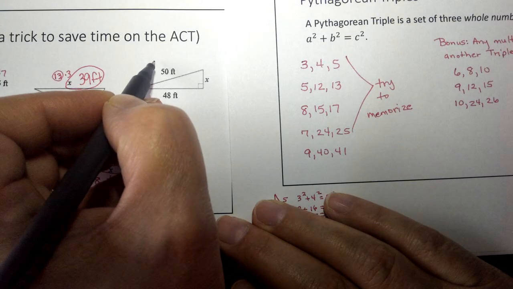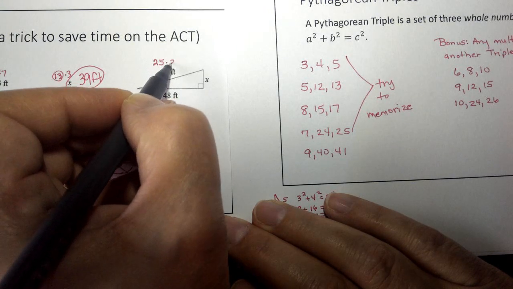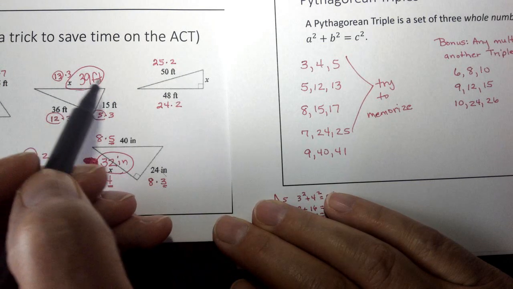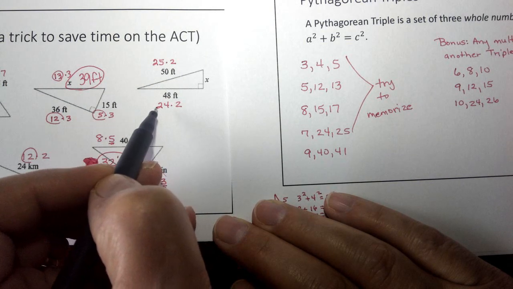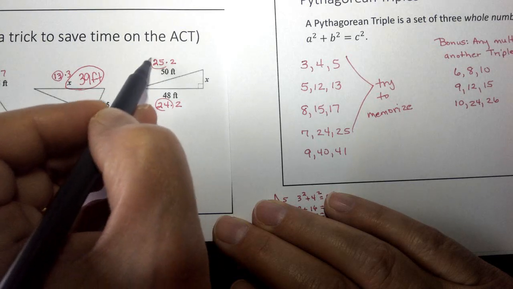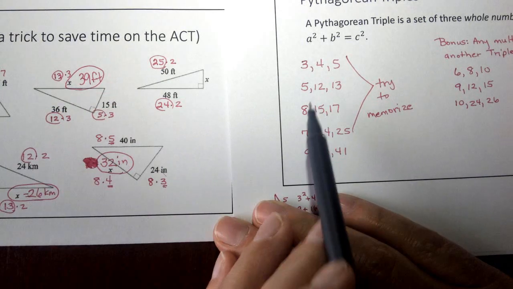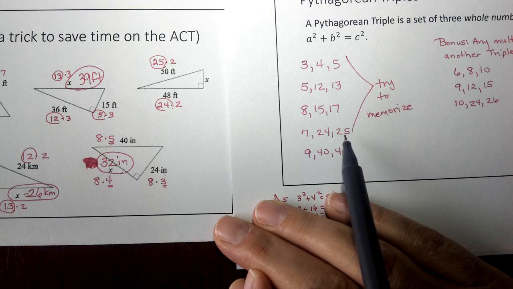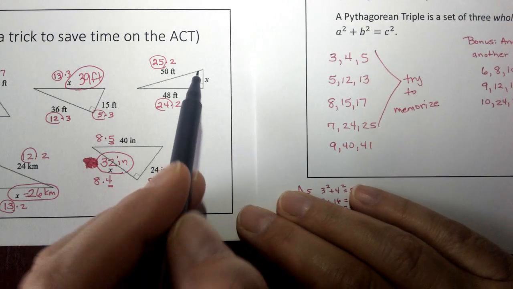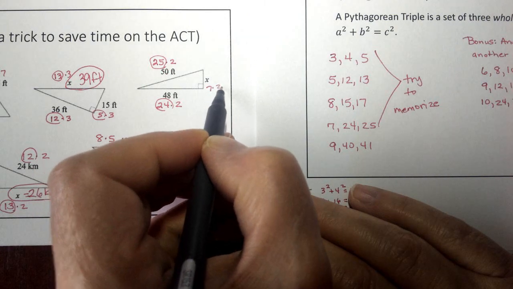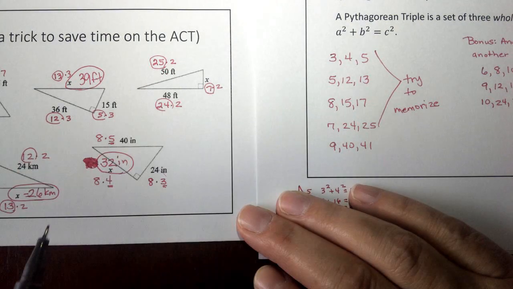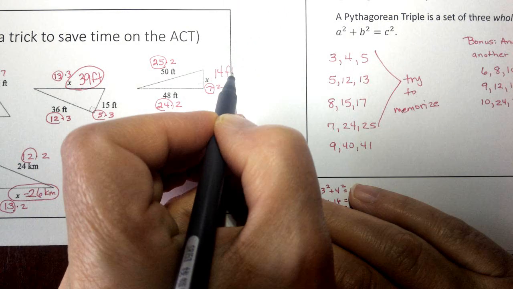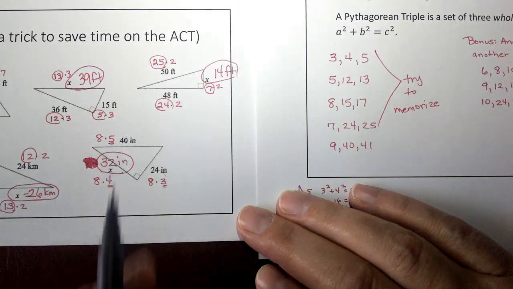So this is 25 times 2, 24 times 2. 24 and 25 are part of this fourth triple right here, 7, 24, 25. That means this third side is 7 times 2. 7 times 2 is 14 feet for the last side.